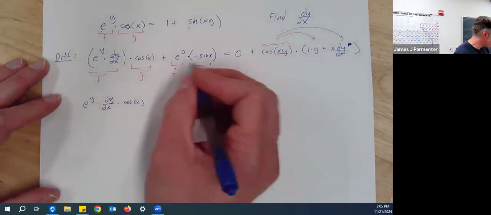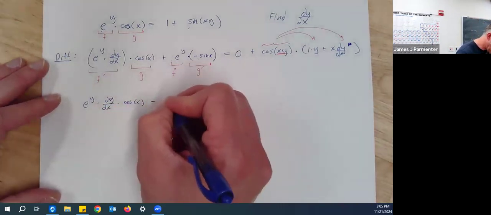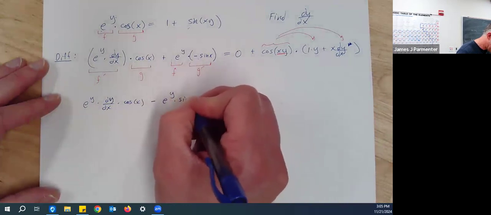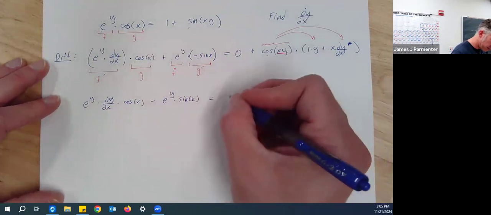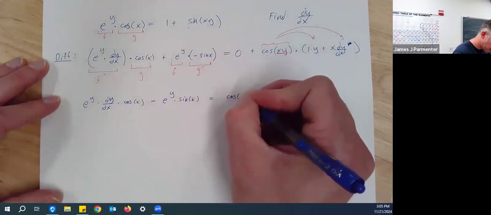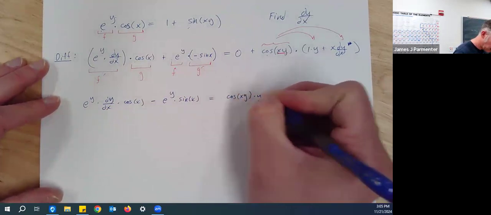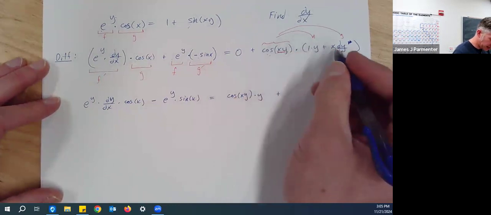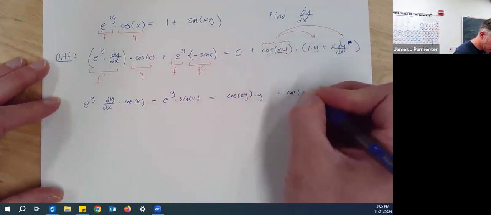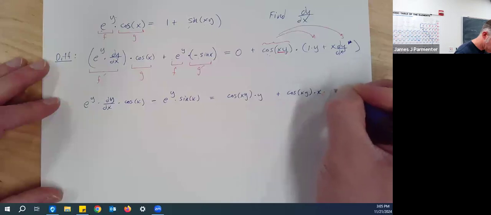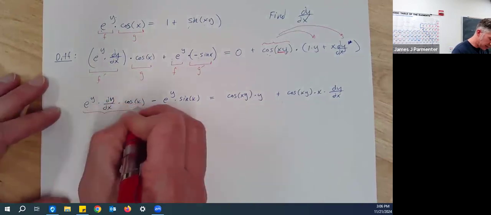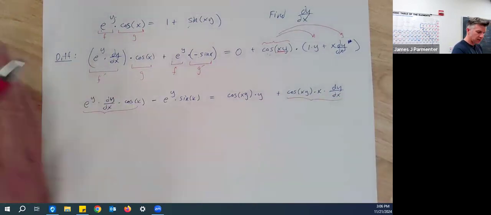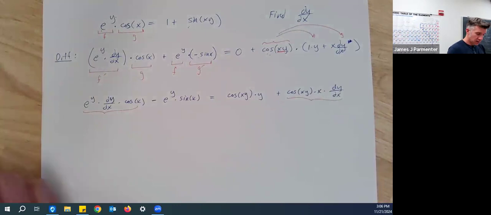I'm writing this part here as minus e to the y times sine of x equal to cosine of xy times y plus cosine of xy times x times dy dx. And then now we can group together the terms that have a dy dx.